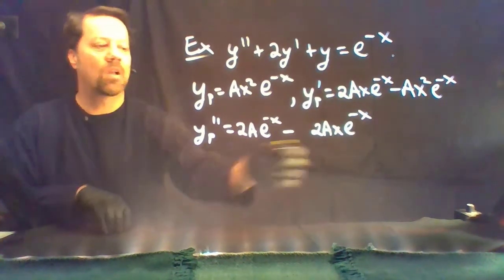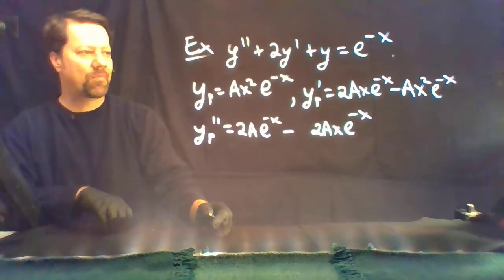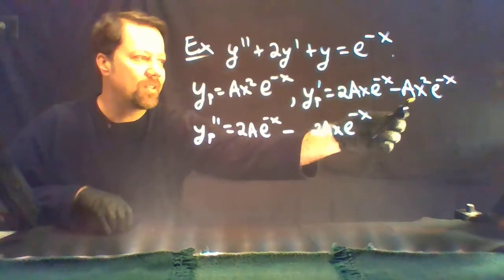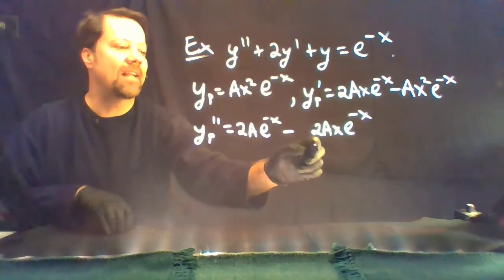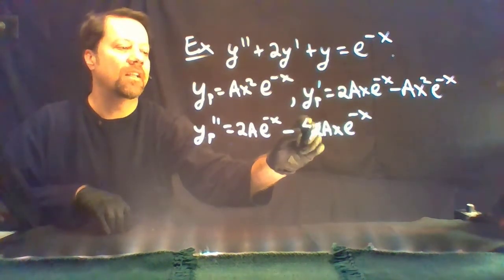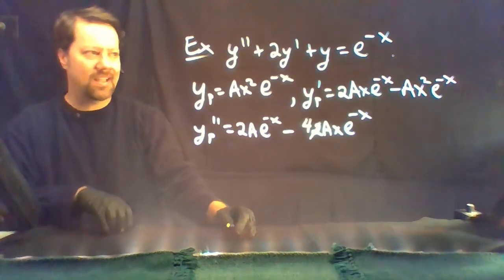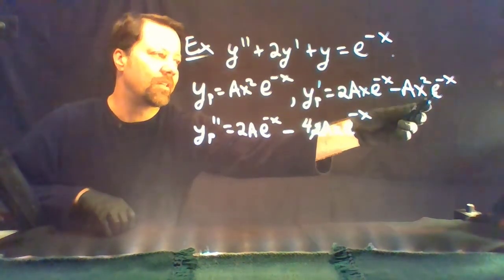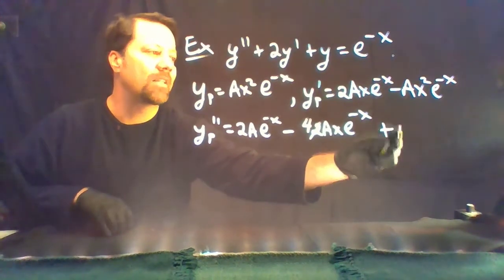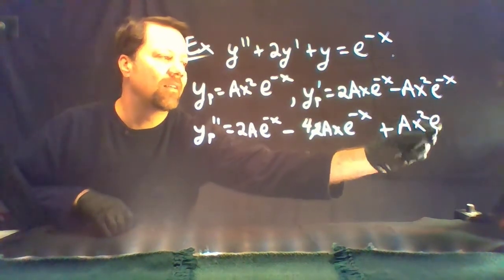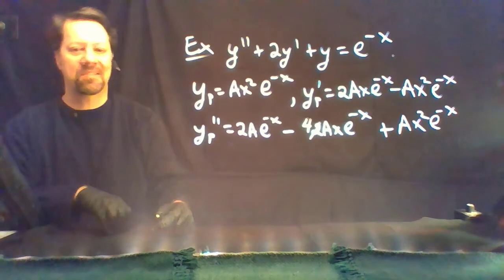That gives me the product rule applied to the first term. When we apply this to the first factor on the second term, we get another 2ax, yielding 4ax e to the minus x. And then when we take the derivative of the e to the minus x, we'll get plus ax squared e to the minus x.